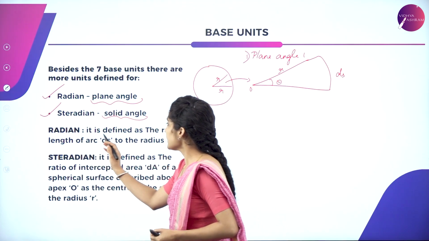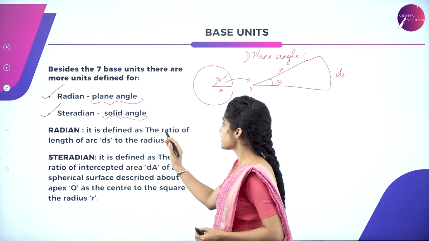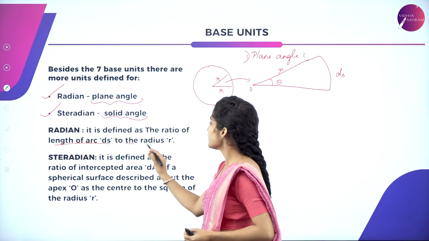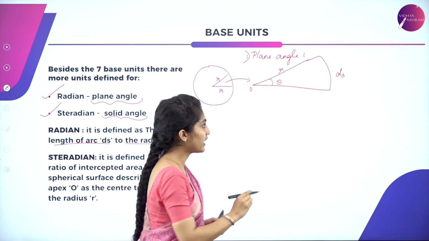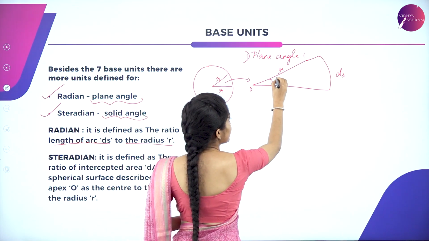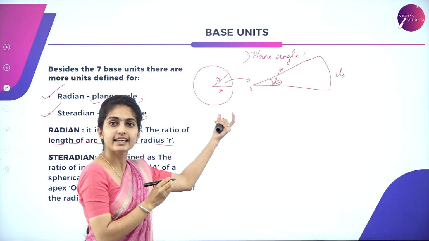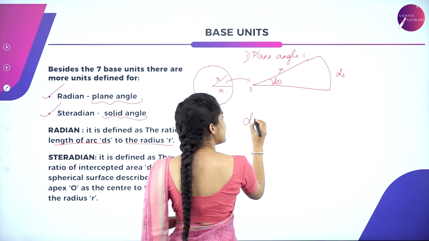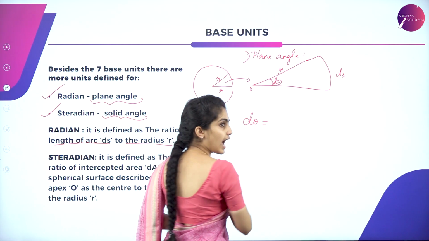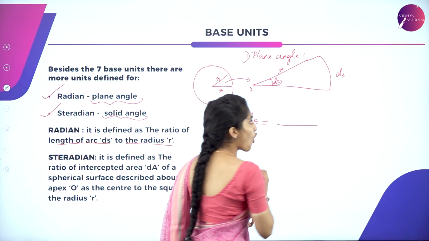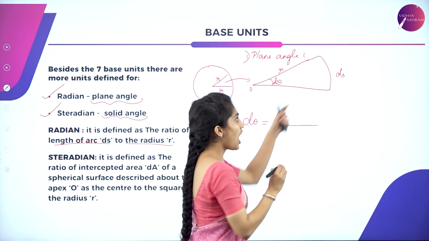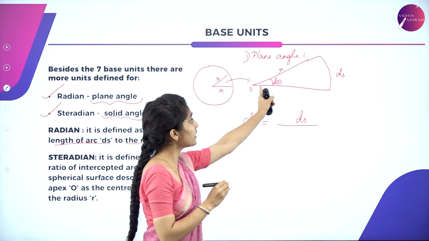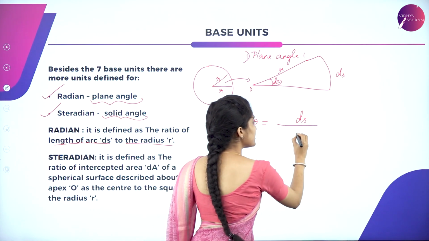Okay. So it is defined as the ratio of length of arc ds to the radius r, that is, d theta. This theta angle is d theta. So radian d theta is defined as the ratio of length of an arc, that is ds, to the radius, that is r.